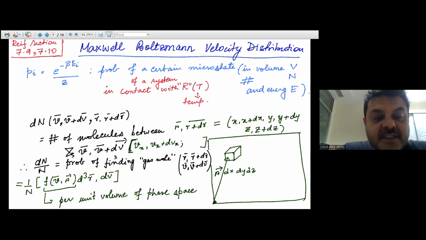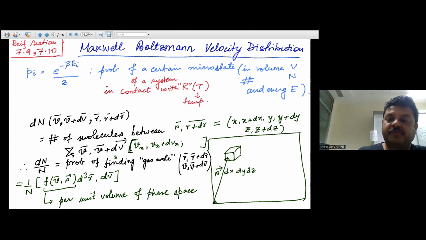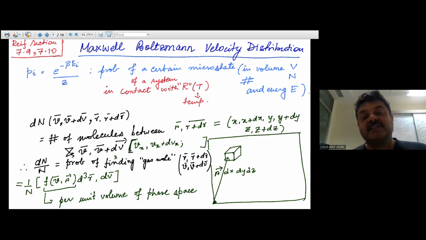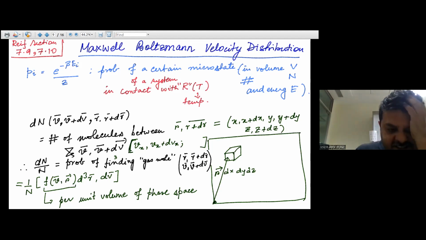And if we divide by the total number of particles in this box, we would get the fraction of particles which are located here and moving with a certain velocity vector within this range. That would also give an indication of the probability that we find gas particles in this volume, right? And let's write that.